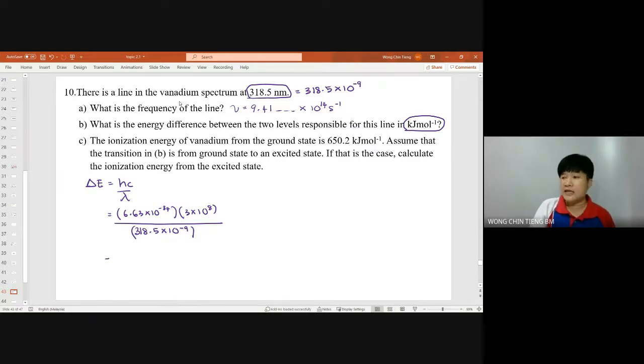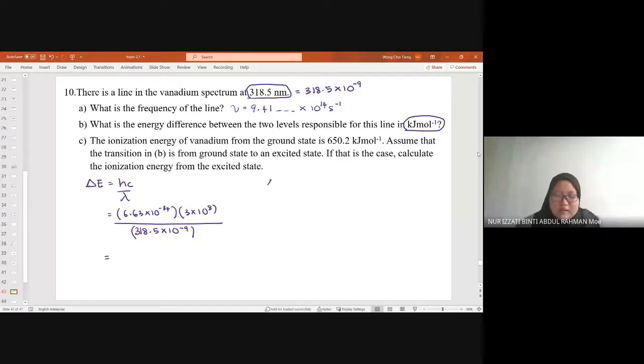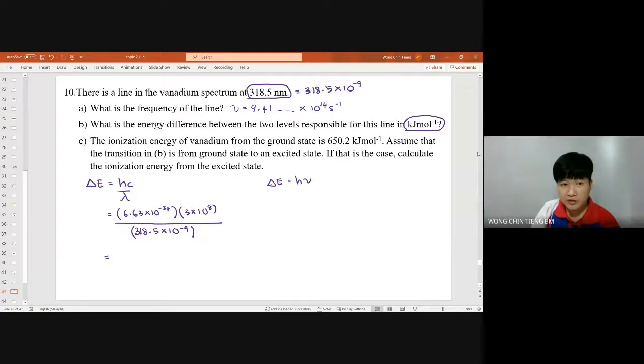And the energy that you calculated over here, guys. Zon, what did you get here? Yes. While waiting for Zon, does anyone use another formula to calculate delta E? Is there, Izzati? Delta E equals to h nu. h is still the same, a constant, your Planck constant.